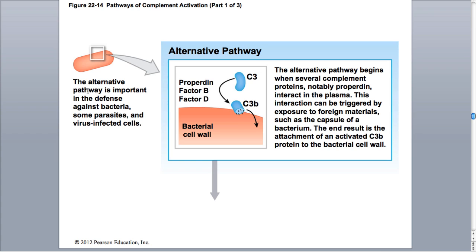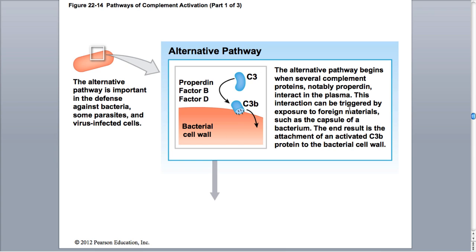The alternative pathway is important in the defense against bacteria, some parasites, and the virus-infected cell. In this case, we're doing what? The alternative pathway begins when several complement proteins, notably this properdin, so properdin, interacts with the plasma.